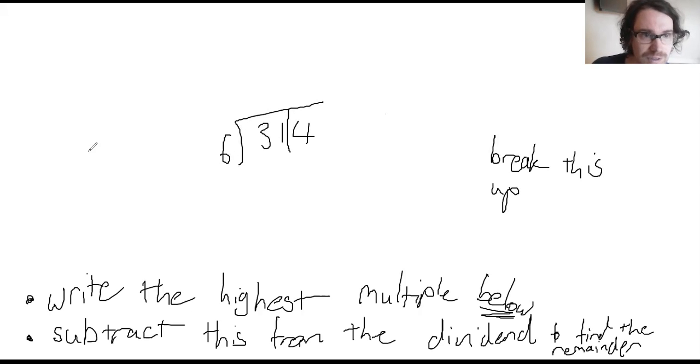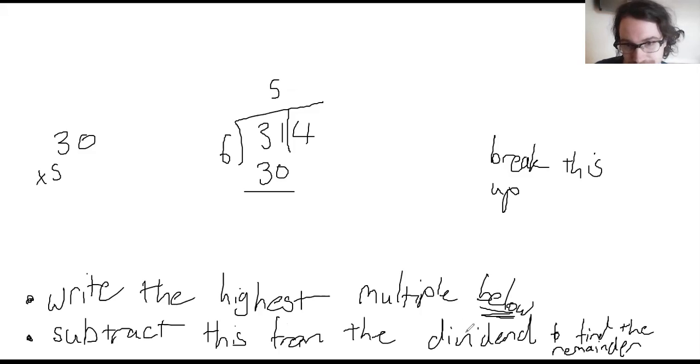Now the highest multiple of 6 we can get before we get to 31 is 30, which is 6 times 5. 6 times 5 is 30. Now we want to find the remainder. Remember, we subtract the highest multiple from the dividend, which is this number, to find the remainder. It's 1.